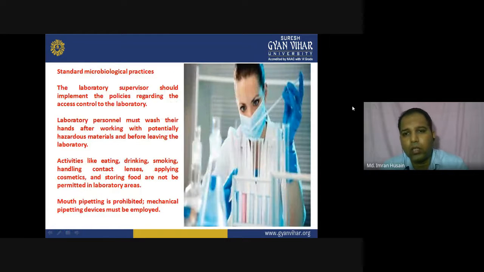So, what are the standard microbiological practices? The laboratory supervisor should implement policies regarding access control to the laboratory. Laboratory personnel must wash their hands after working with potentially hazardous material and before leaving the laboratory.